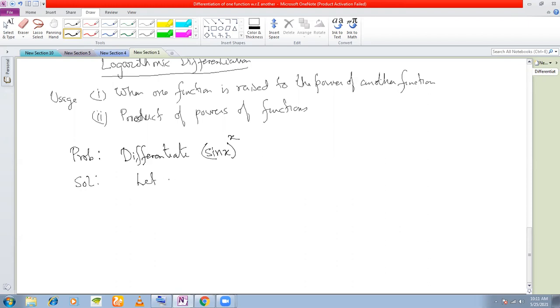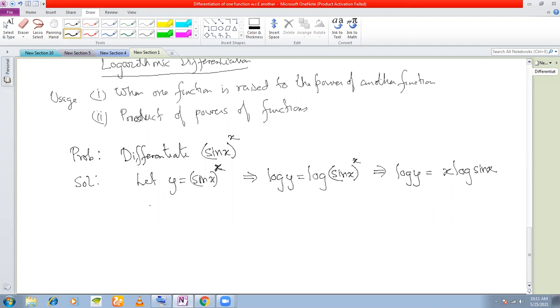So what we do here is we take y is equal to sine x to the power of x, and we take log on both sides. And by log, I mean natural log. Okay? So log y is equal to log sine x to the power of x. That means log y is equal to x log sine x.